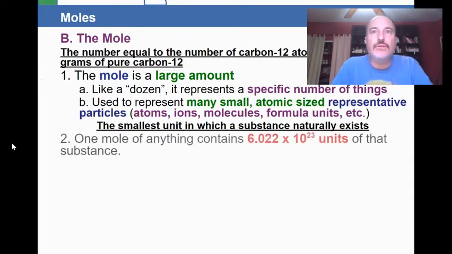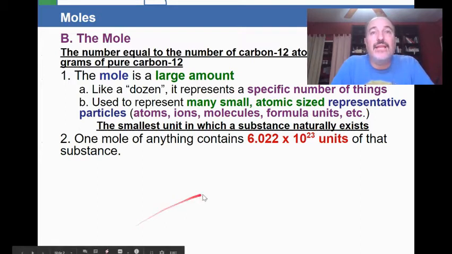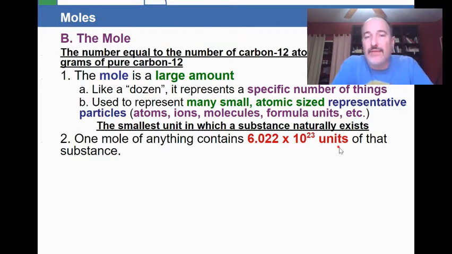Well, how large? Really flippin' large. 1 mole of anything contains 6.022 times 10 to the 23rd units of that substance, okay? That is a really big number. Basically, imagine a 6, a 0, 2, 2, and then 20 zeros after it.